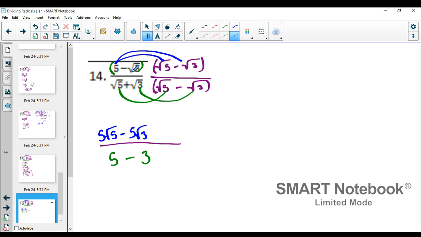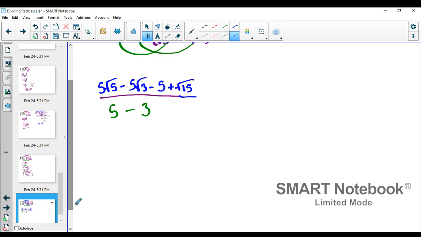And then we have negative square root of 5 times the square root of 5, which is negative 5. And then we have negative square root of 5 times negative square root of 3, which is positive square root of 15.